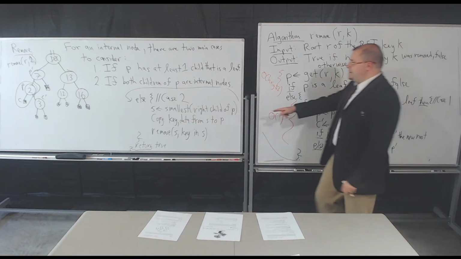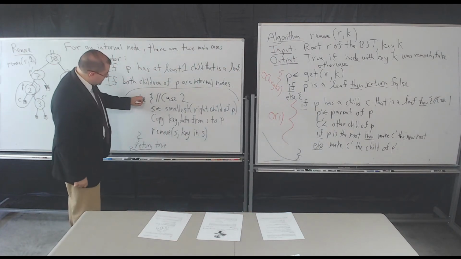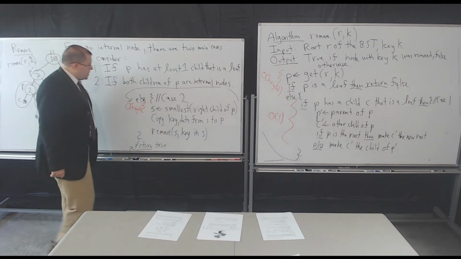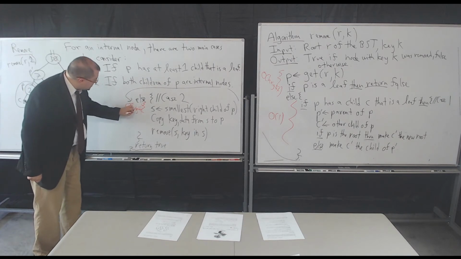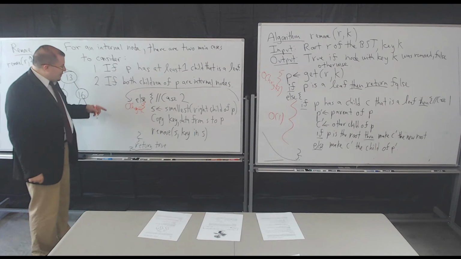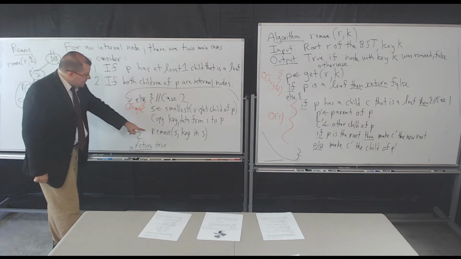What about this? Be a little bit careful here. Smallest takes how long? It takes big O of the height. That's supposed to say height, by the way. It's been a long day. Copying this takes constant time. How about this?